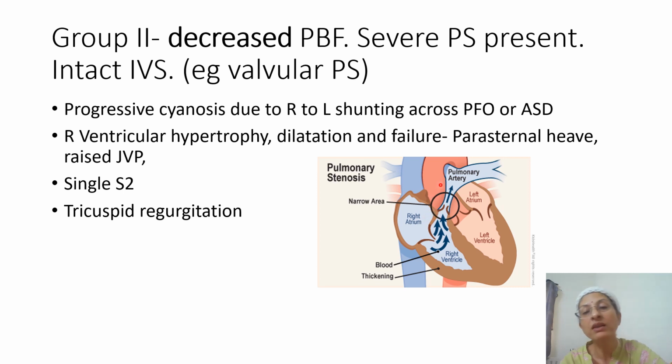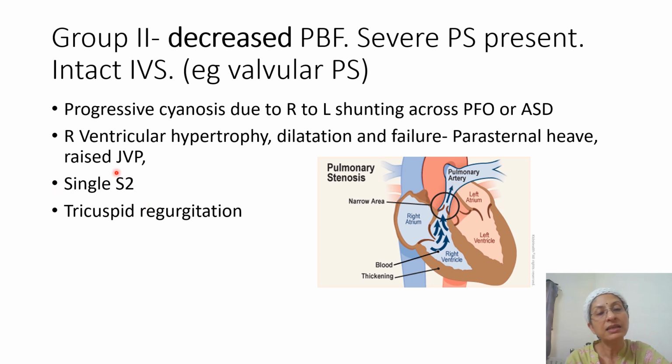The foramen ovale is functionally closed in children and it closes later on. Now what happens is, it is like a flap valve. If the pressure in the right atrium increases, it opens onto the left side and the blood flows from the right to the left, resulting in a shunt, which is a right to left shunt, giving rise to cyanosis.